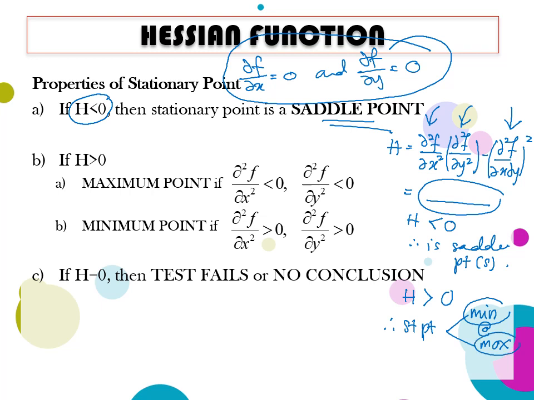It must be either a minimum or a maximum for a function, because your function is either a convex function or a concave function. If it is convex, the possibility is that your stationary point will be a minimum.